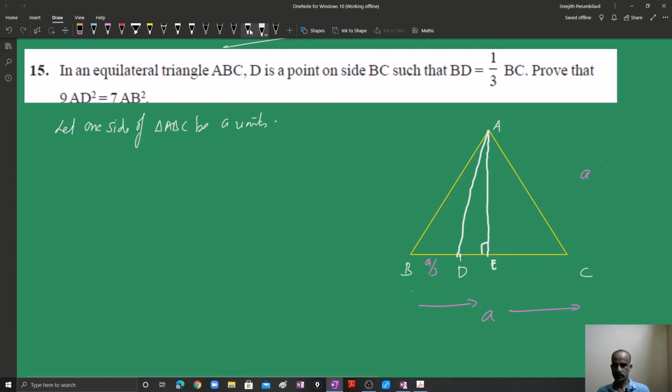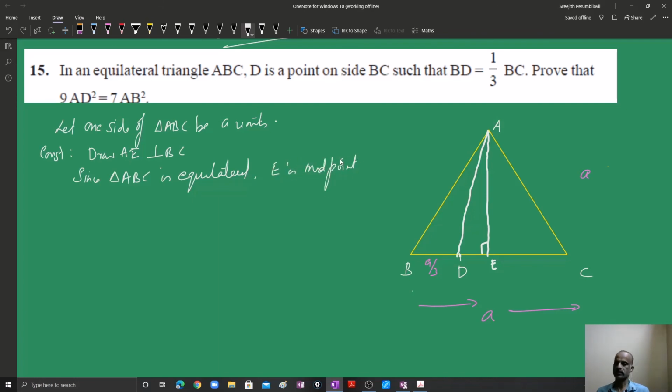So there is a construction. Draw AE perpendicular to BC. Since ABC is an equilateral triangle, E is what? AE is the altitude as well as median, everything. Therefore, since triangle ABC is equilateral, E is the midpoint.